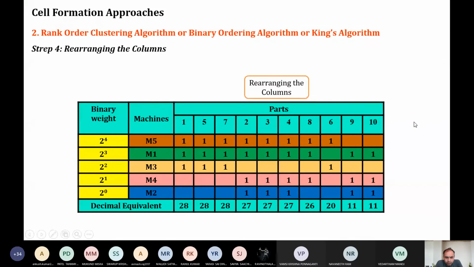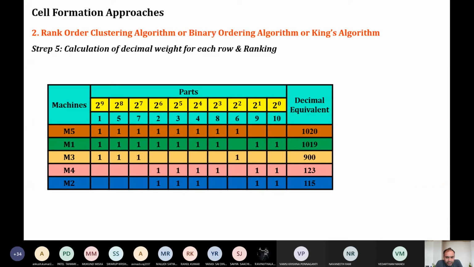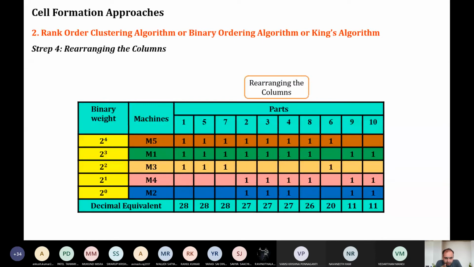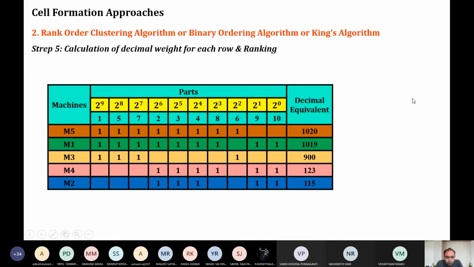Okay, let's see what to do in the next step. We have completed rows, we have completed columns. Next we have to repeat this algorithm with this new arrangement as the matrix. Remember the first step we did: after rearranging the rows and the columns, I am assigning the binary weights to the rows from right to left, and calculating the decimal values.